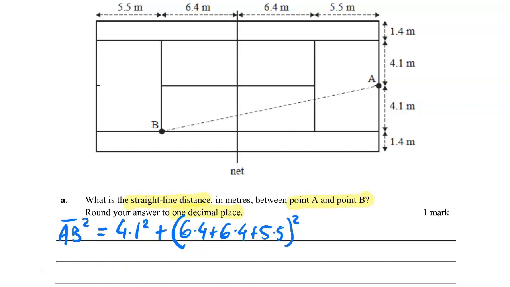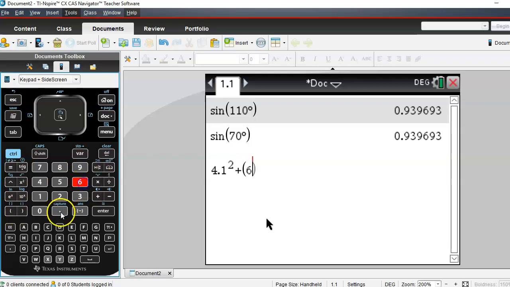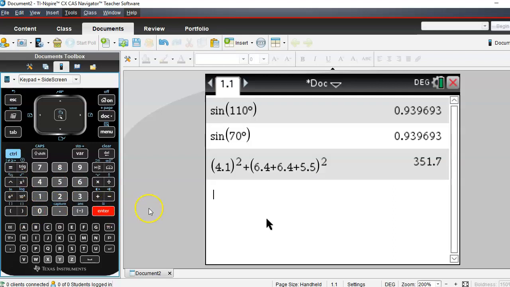Okay, so let's get our CAS. So 4.1 squared plus 6.4 plus 5.5, all of that squared. Enter. Okay, so we've got to find the square root of that.